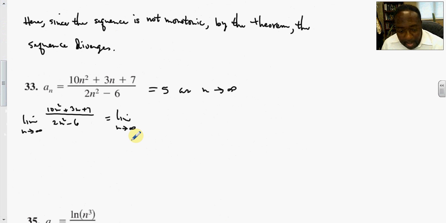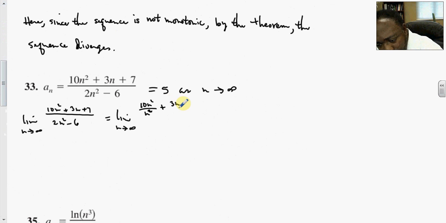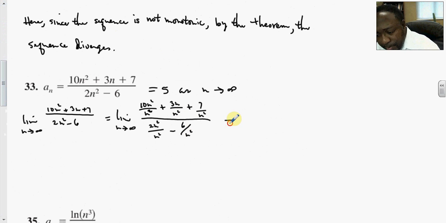You can even apply L'Hopital's rule. Here, if we divide through by the biggest term, we get 10n squared divided by n squared plus 3n divided by n squared plus 7 over n squared. This is over 2n squared divided by n squared minus 6 over n squared.